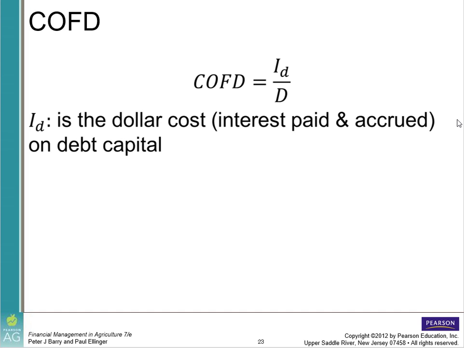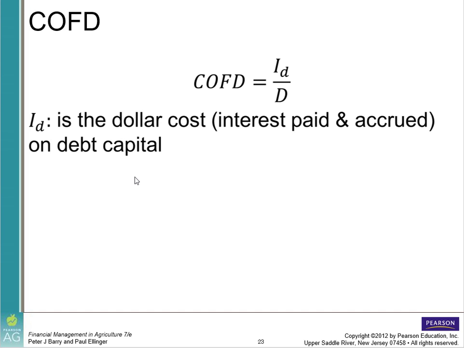And then the last measure in this profitability section is the cost of farm debt. That is simply ID over D, where ID is the dollar amount of interest paid and accrued on debt capital. And then, of course, you have capital D. D is the firm's average indebtedness during the accounting period.